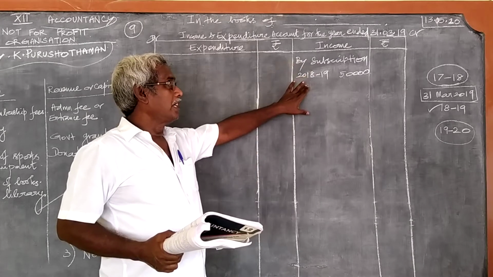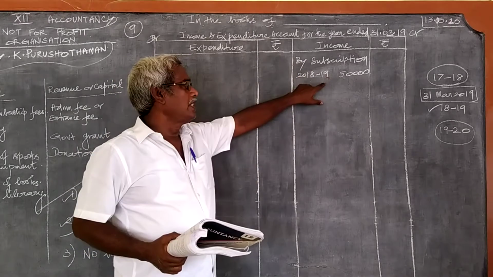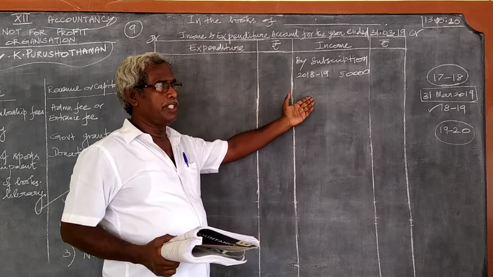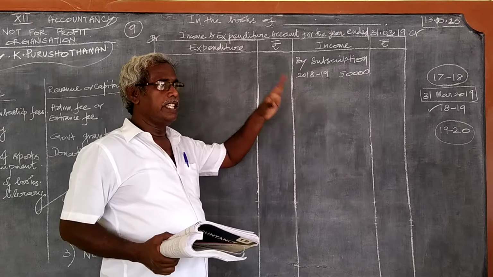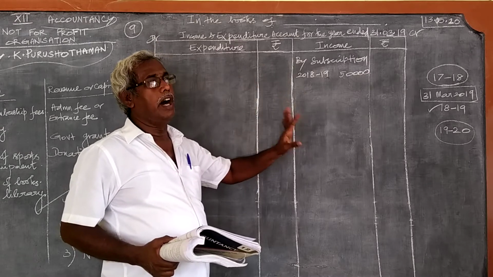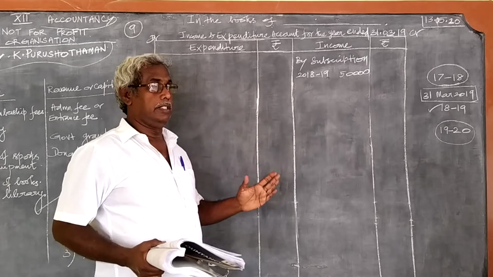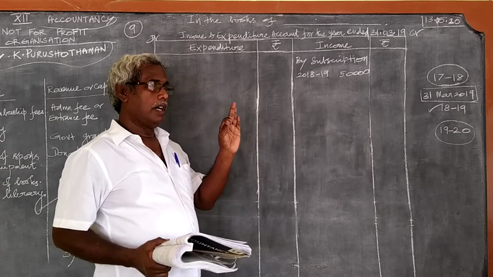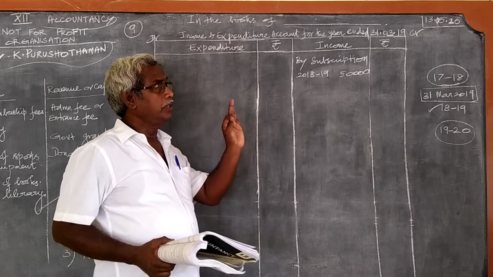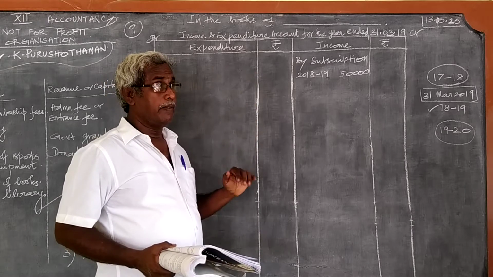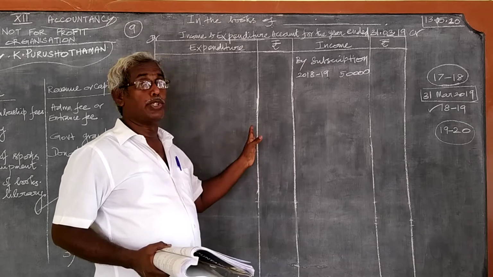The subscription related to this year must be shown in the income and expenditure account whether it is received or not. It is very important. Whether received or not, if it belongs to this year, we should show it in the account. But for other years we should not show.